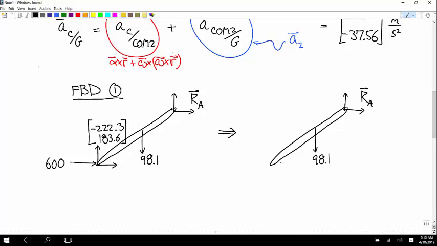So we can think of that as a vector of positive, what's that, 371.7, 183.6. Is that right? Did I do that right? Oh, yeah. 77.7.